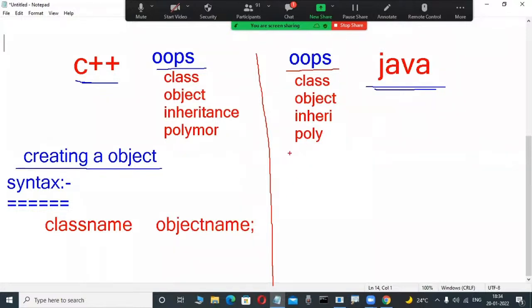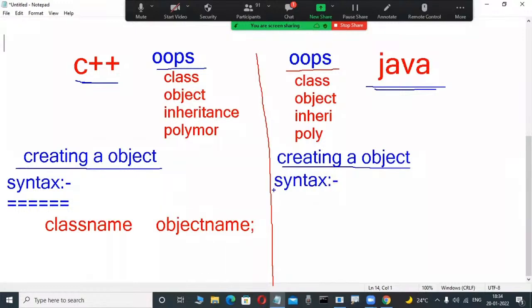Same creating an object in Java also. Observe here. Suppose they want to create an object from a class. Creating an object from the class in Java, anybody technical, maybe tell me the syntax roughly. Maybe many of you are good at Java, Python in your academic career.